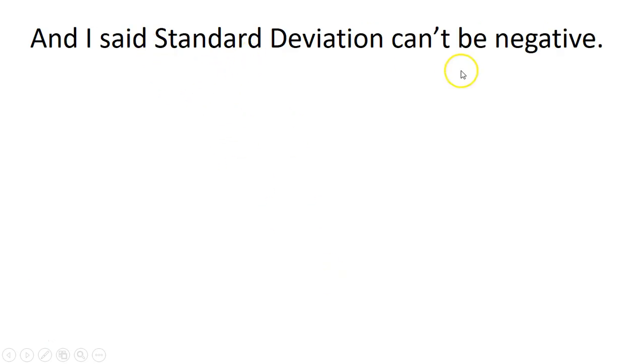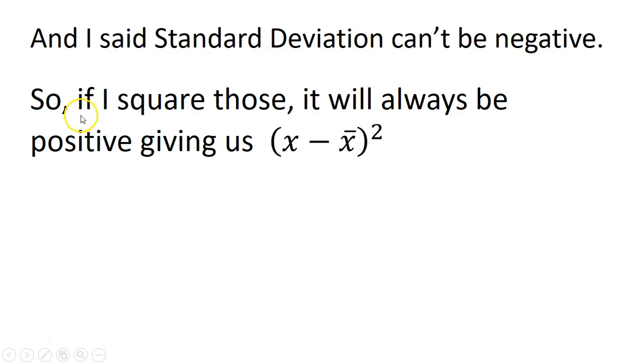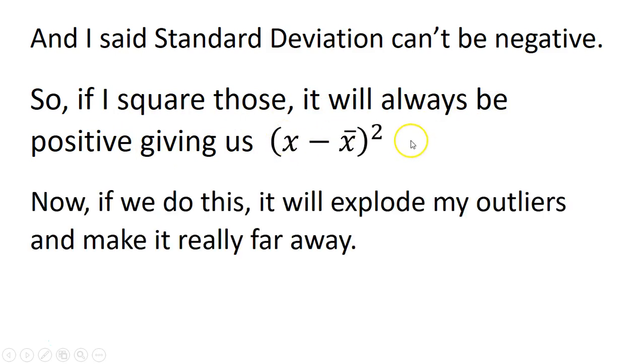And I said standard deviation can't be negative, so if I square those, it will always be positive. Any number when you square it is positive. Now if we do this, it will explode, as in our outlier is going to get huge and end up really far out there. If I'm squaring something, it's going to make it way out there.